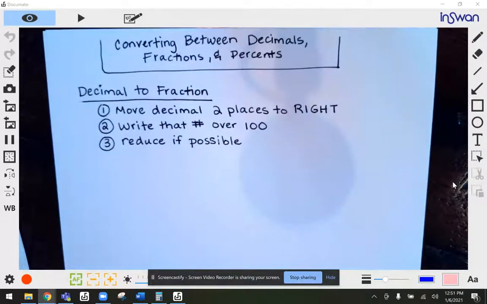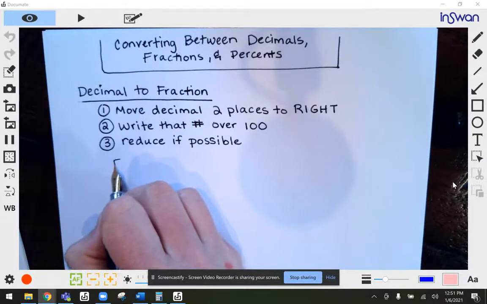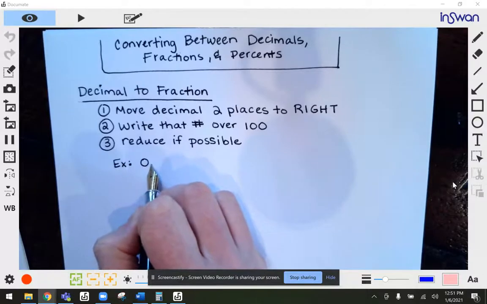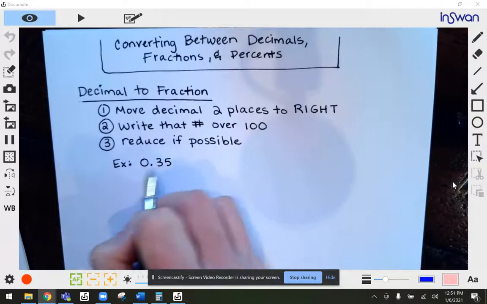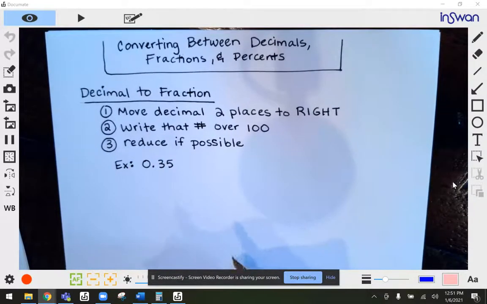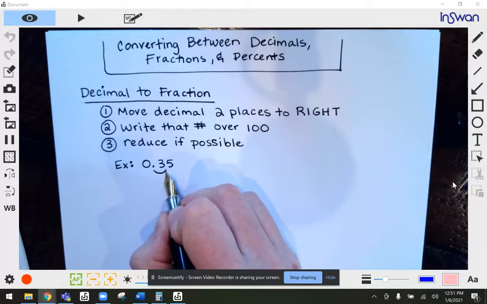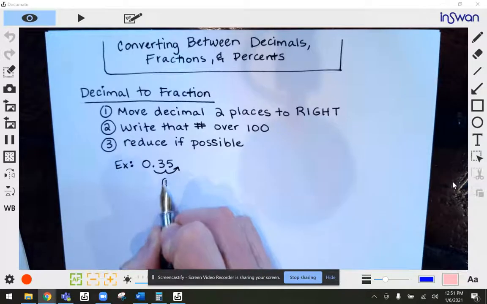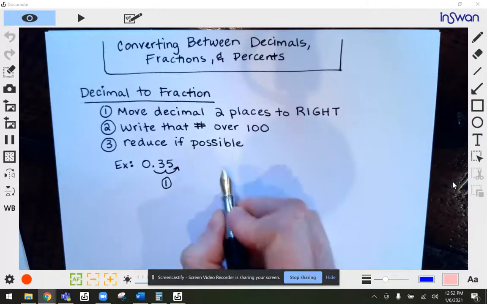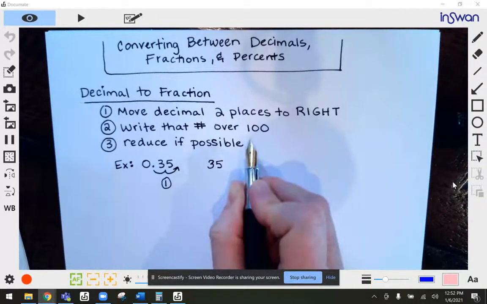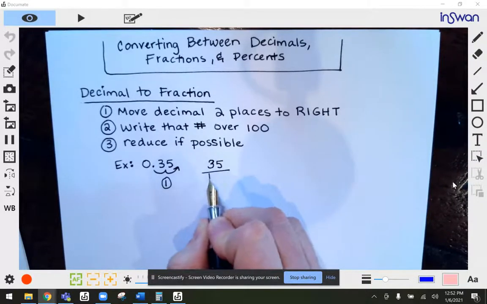Okay, so for an example of that, let's do 0.35. So the first step says move the decimal two places to the right. So I would take that decimal and move it two places. That's step one. Okay, then I would take that new number, which is 35 now, and place it over 100.